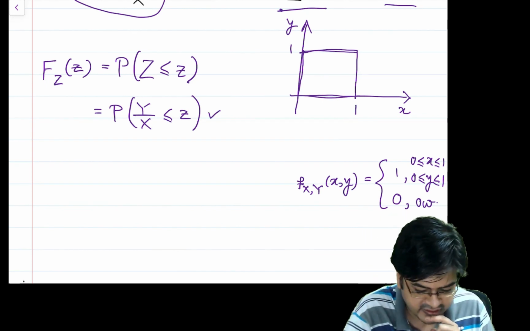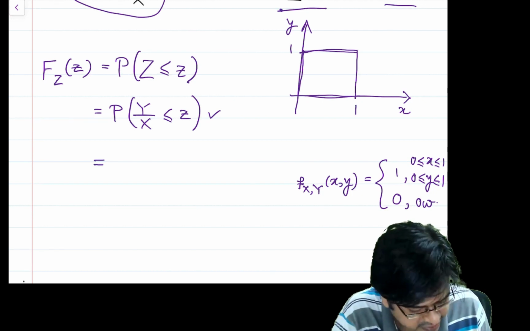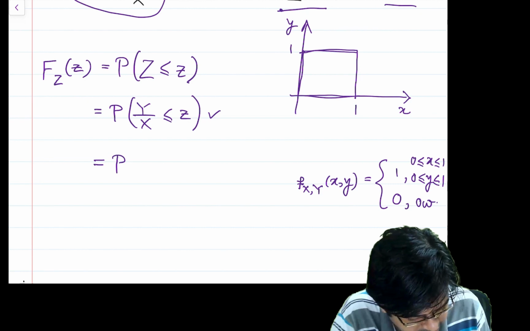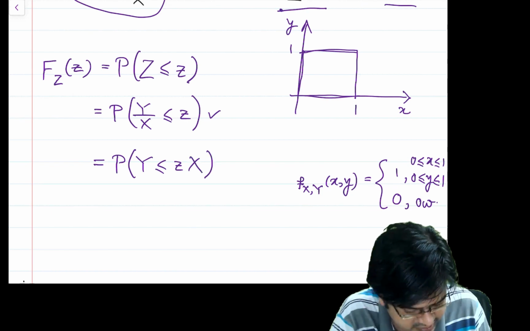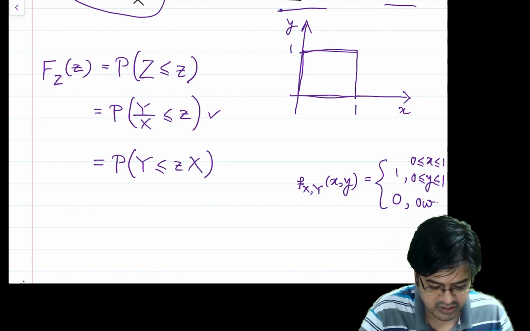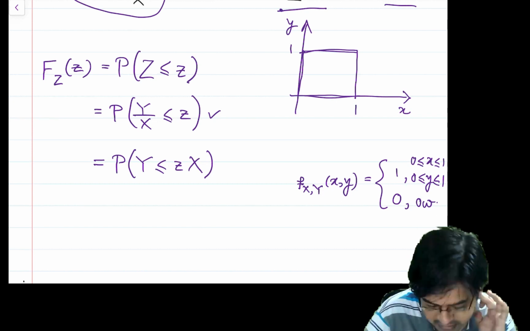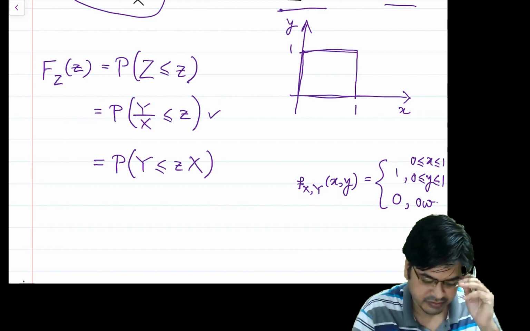So in order to do that, what I need to do essentially is, this is in fact going to be equal to probability of y less than or equal to z times x. Now you see you are in a trap. For example, both sides there are random variables.